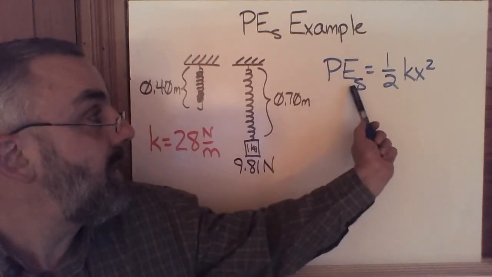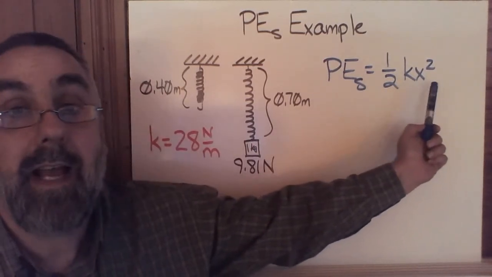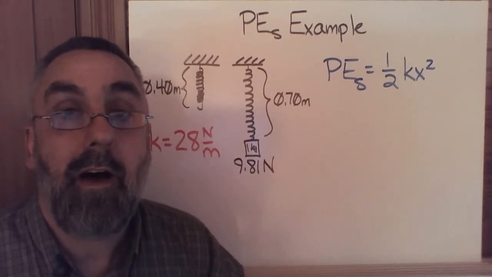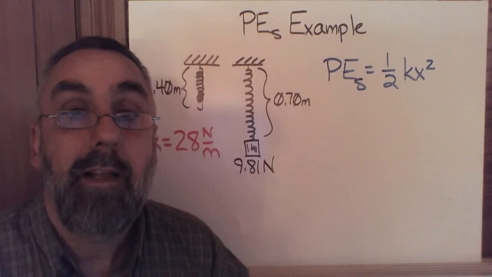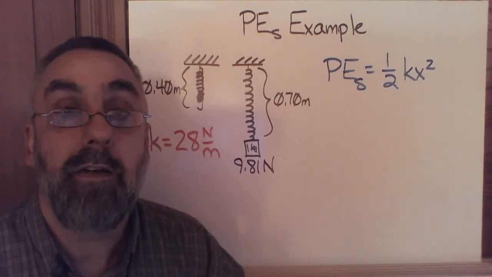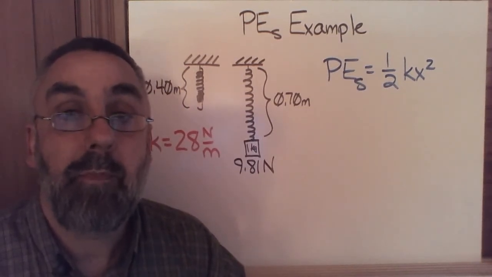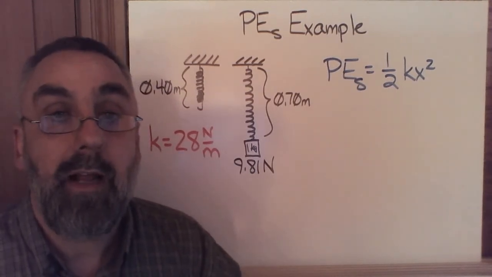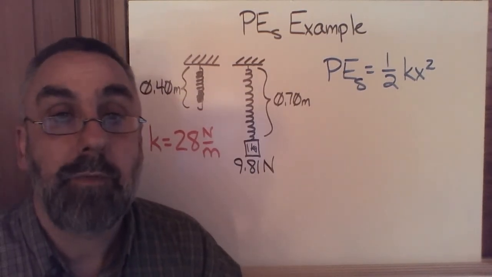Now, we start out with potential energy of the spring is 1/2 kx squared, and I'm just checking to see if people are listening to the audio here, so I'm just going to tell you what to write on the next two lines, and I'll check it in your notes. The potential energy of the spring will be equal to 1/2 times, and then put a set of parens, the value for K, just put 28 newtons per meter in there.